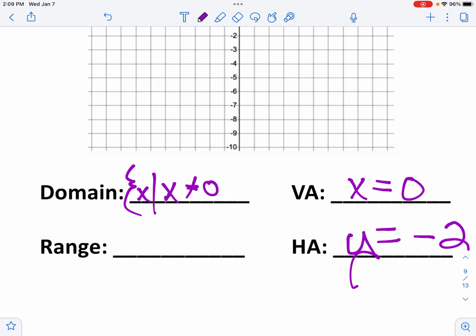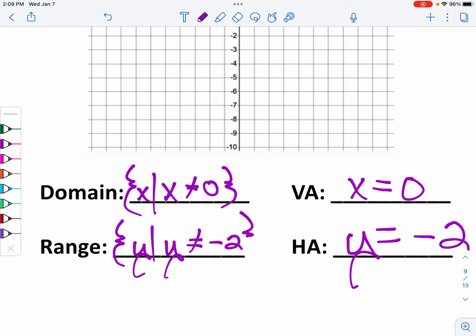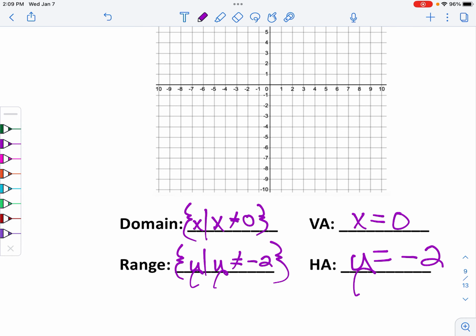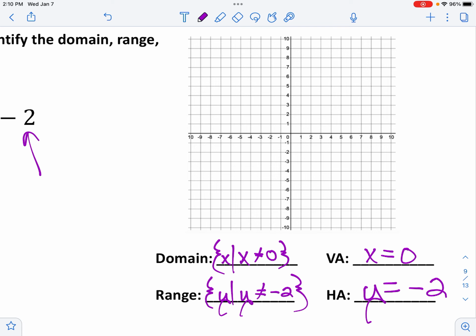And then the range is going to be y such that y is not equal to -2, because that's where I have my asymptotes, and the graph can never reach that. Okay, so I like to graph those two things first. So I'm going to do my best to try to do that.